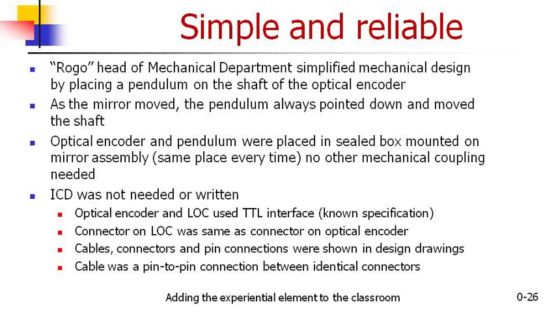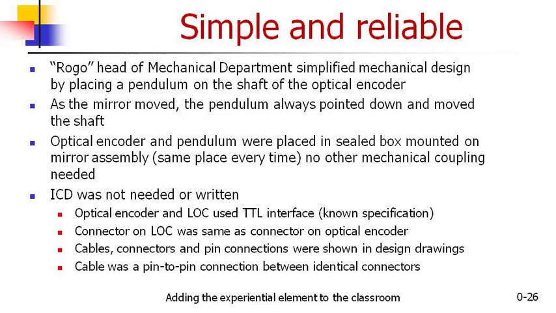We didn't even need an ICD. The optical encoder and the local controller were both TTL level signals. That's a known specification. We just designed the connector on the local controller to be the same physical connector as the one on the optical encoder. The cables, connectors and pin connections were shown in the design drawings, and the cable was a pin-to-pin connection between the identical connectors.